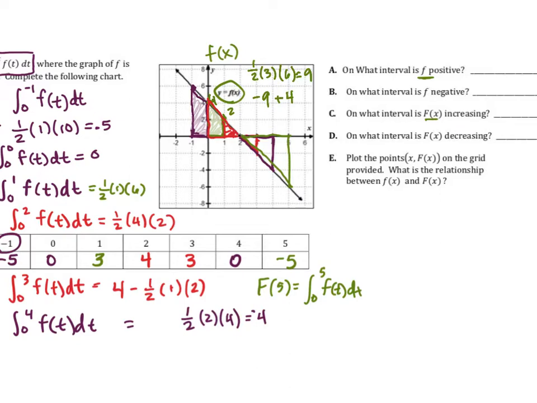Well, f is positive from -infinity all the way up until +2, because that's the actual graph we're looking at. And f is negative, well, that's going to be from +2 to infinity. Now the question C is changing. We want to know, where is f increasing? Well, we can look at this a couple of different ways.